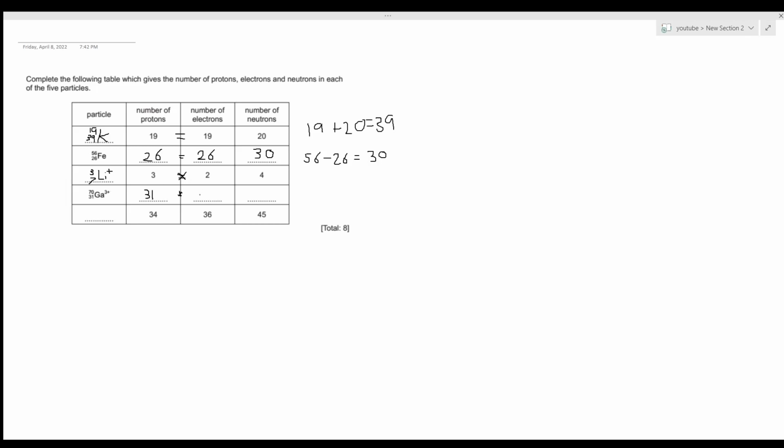So it's going to be 31 minus 3, which is 28. So we're going to have 28 electrons, because if I add those up together, I end up with +3. And again, number of neutrons is going to be the larger number, so 70 minus 31. 70 minus 31 is 39. So it's going to have 39 neutrons.